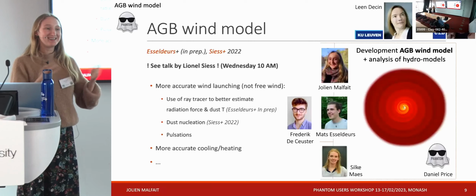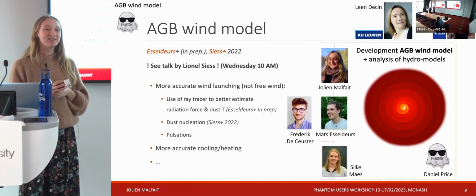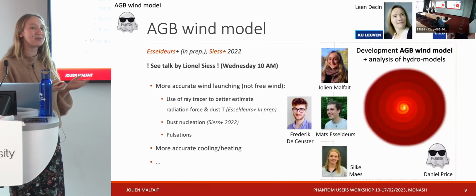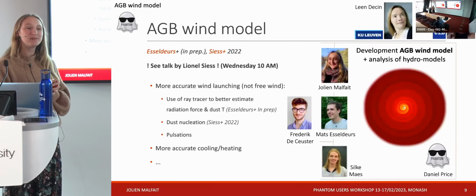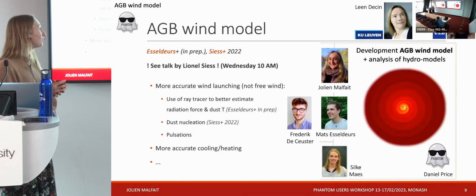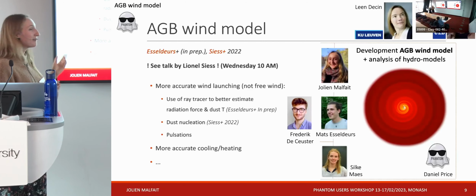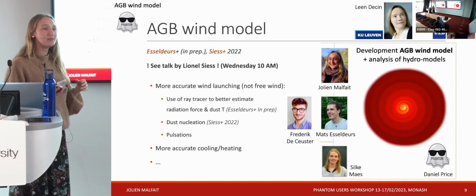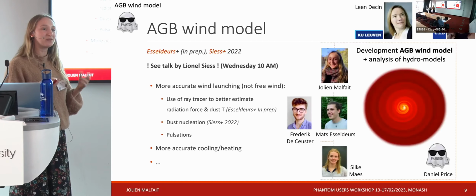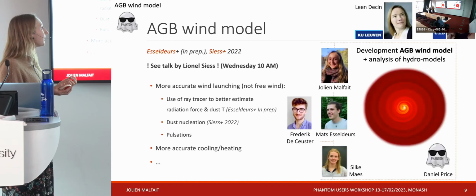But as I said before, on Wednesday, Lionel is going to give a talk about this model and about the current developments that they are working on. But to give you already a sneak peek, they are working on a more accurate wind launching. So instead of this free wind, we want to get more accurate physics there.